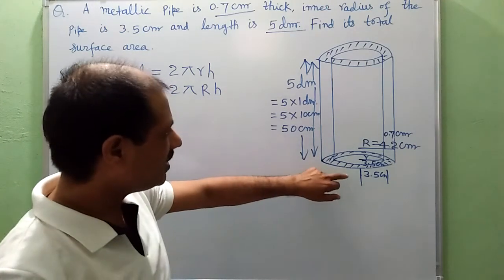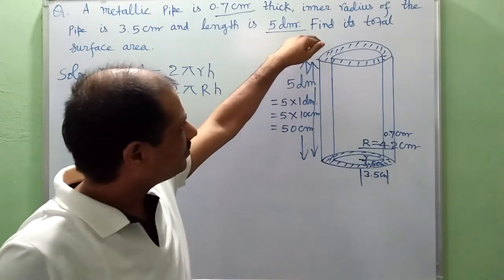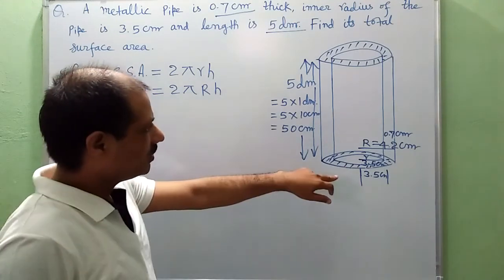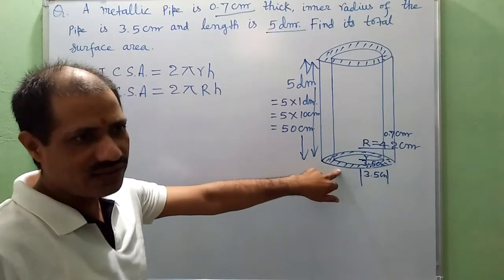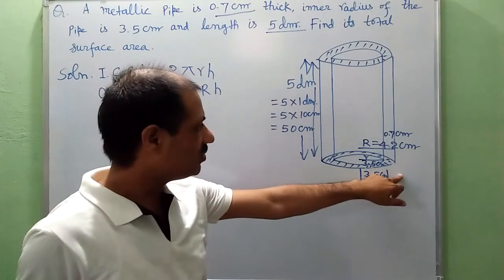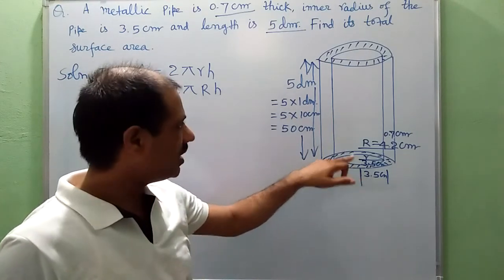This part is base and this part is top. Its area, as we know, is pi R square minus pi r square, and 2 times.